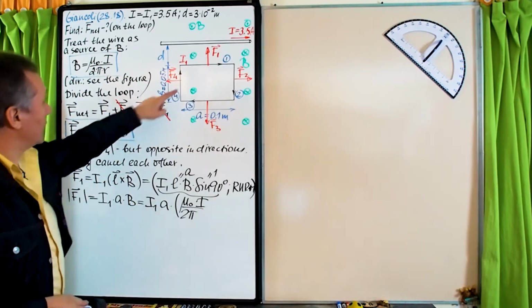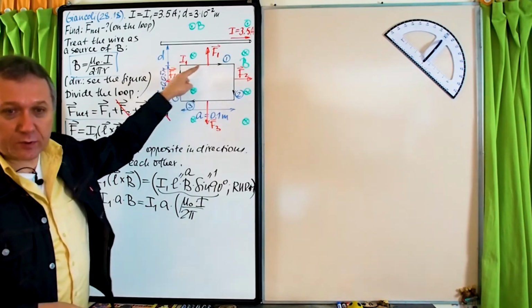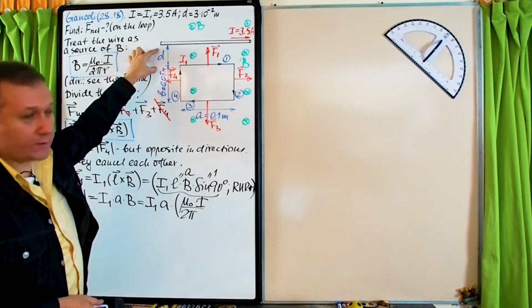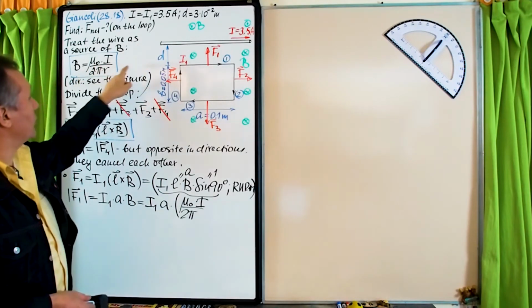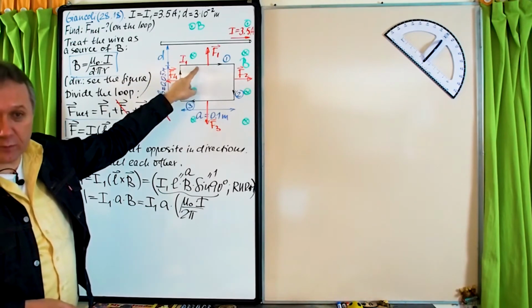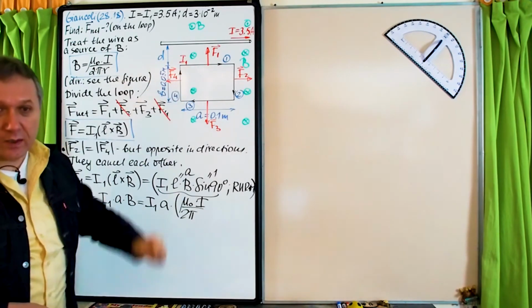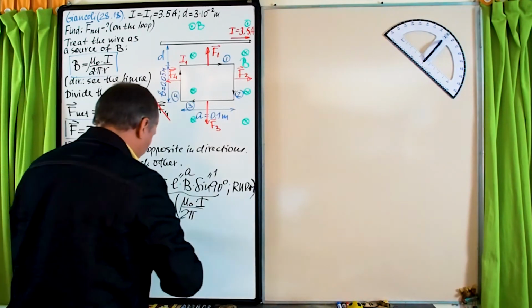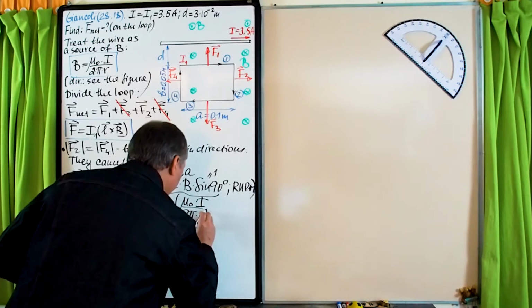I'm talking about this wire, this piece of the loop, which is at distance d from the source of the magnetic field. So here I will use mu naught I divided by 2 pi d, because we want to find the force on this top part of the loop.